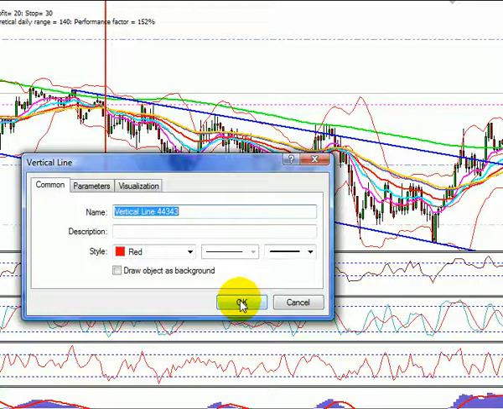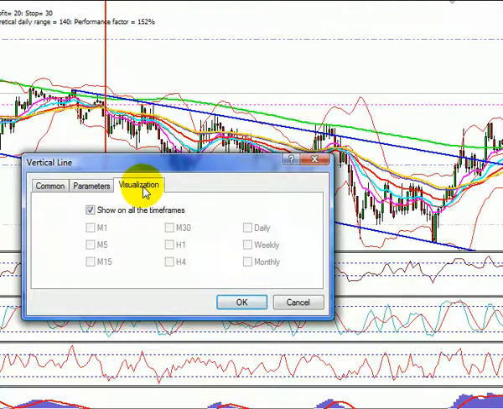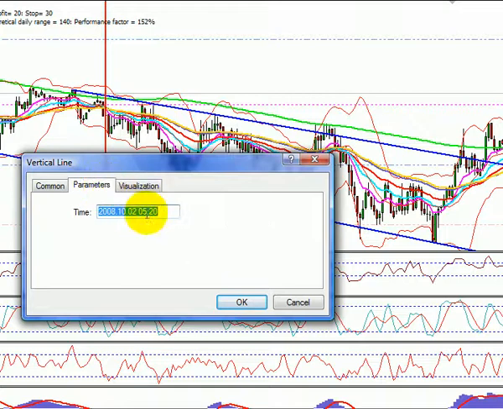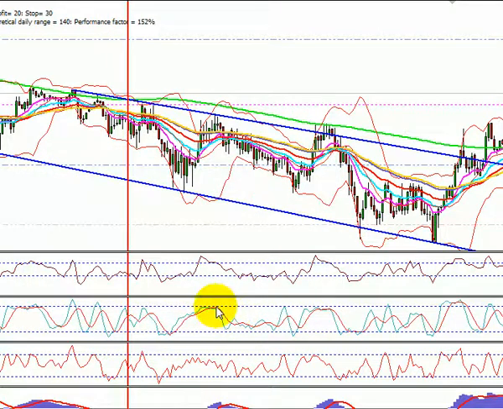It's around about 6:20. Let's make that. Okay, there's 7 o'clock UK time. So that would be 2 a.m. Eastern Standard Time, that red line there.